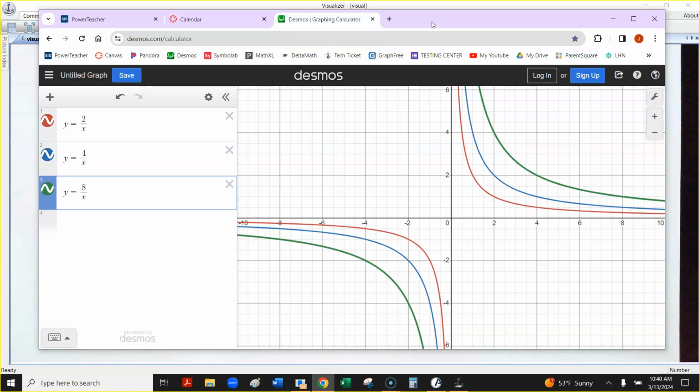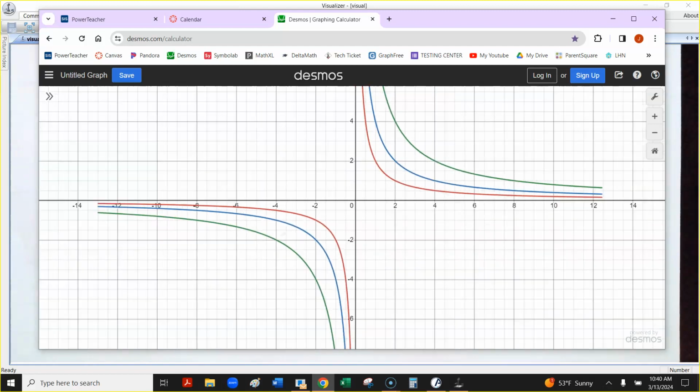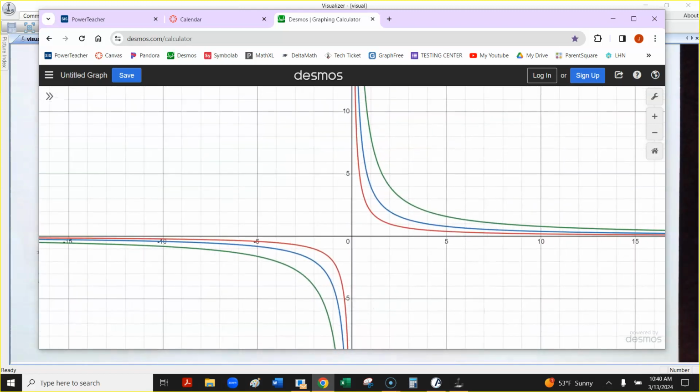So what happens as I make that k value increase? If you're looking at those graphs, do you guys see the difference here? It's that same shape, in that quadrant. The bigger the number on top, though, it's going to pull that branch away from the origin. It takes the same shape, it just pulls it further away from the center of the graph.